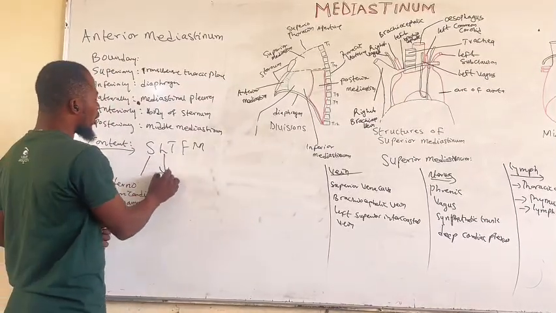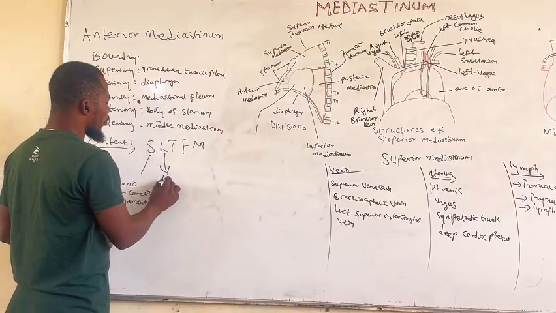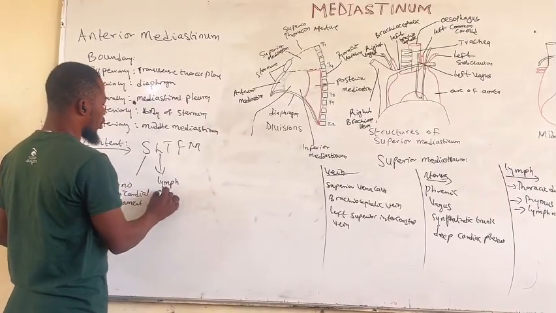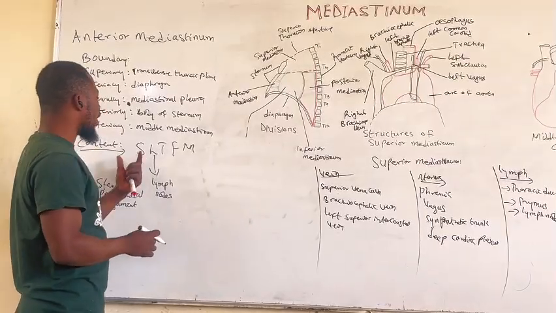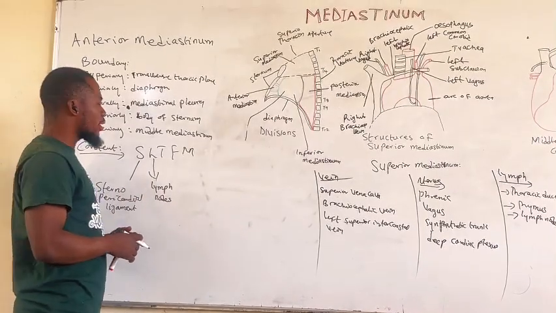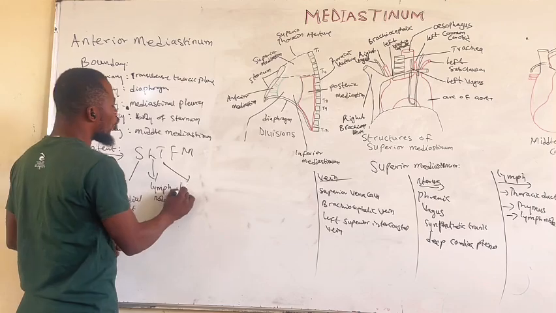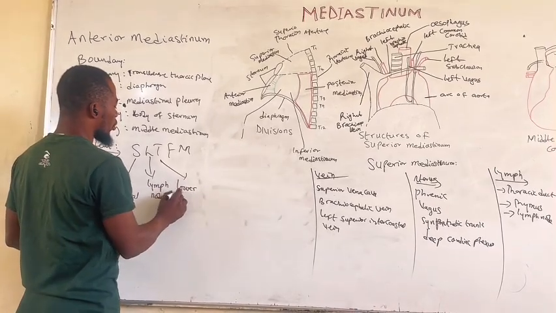Our L here is our lymph nodes. There are 3 to 4 lymph nodes present in the anterior mediastinum. T here is the lower portion of the thymus.